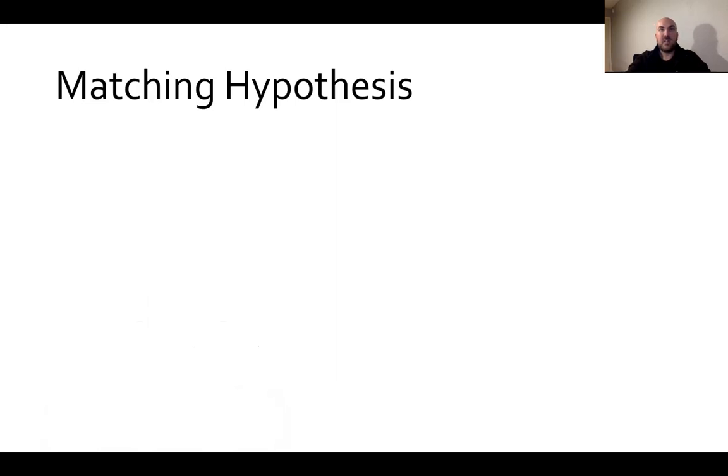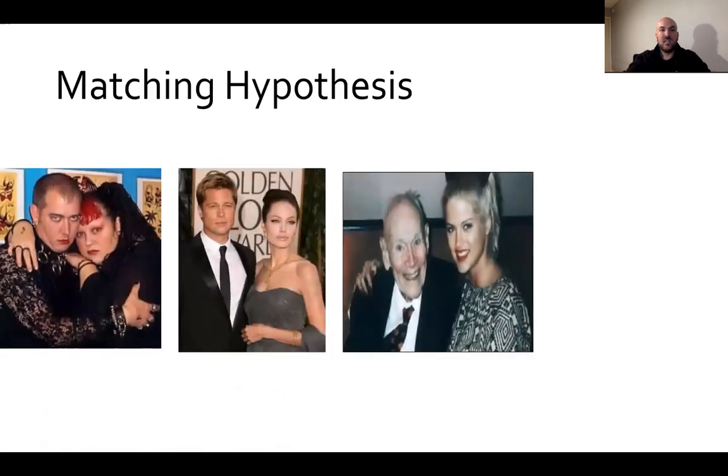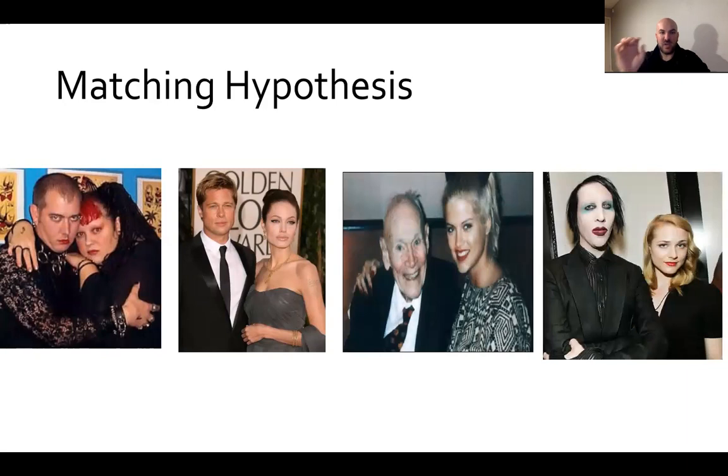When I was talking about the matching hypothesis, it works for physical attractiveness and it works for values, but when you start looking at couples in the real world, you tend to find couples that match on attractiveness and values and income and things like that, but not always, right? We find some couples out there that differ in age. That's very uncommon. Most married couples tend to be within 3 years of each other.